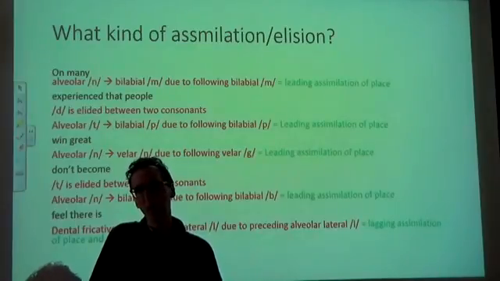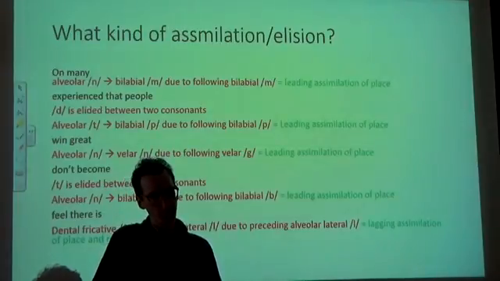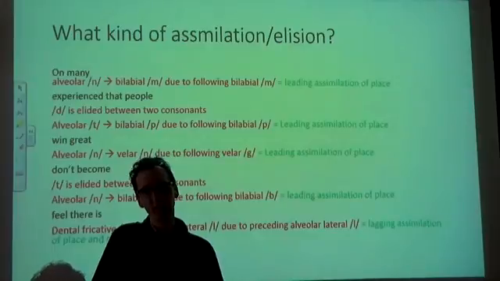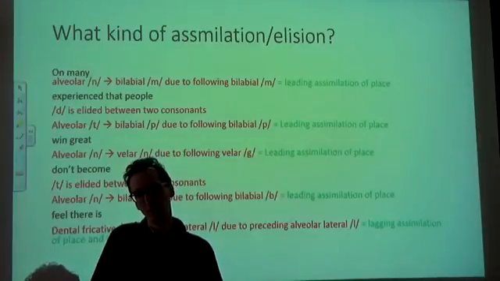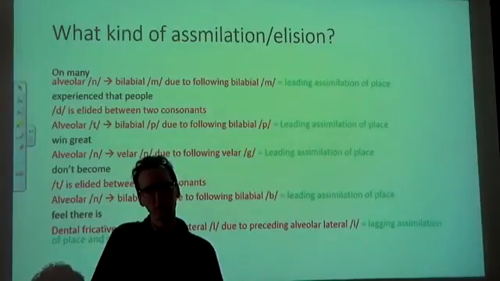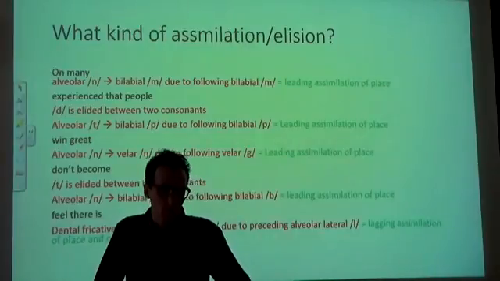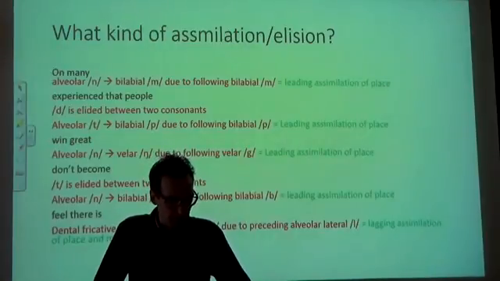Most of the time, if you have an alveolar sound at the end of a word, assimilation is likely to occur. Yeah? Somehow your brain thinks that alveolar sounds are hard to pronounce. So it changes them into something else. Leading assimilation in place.